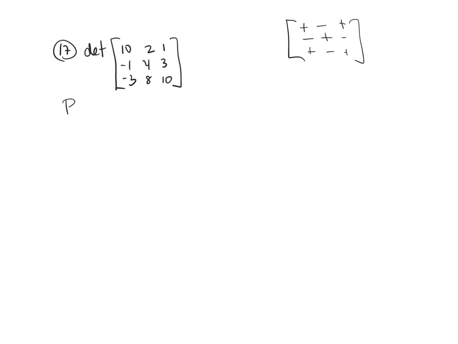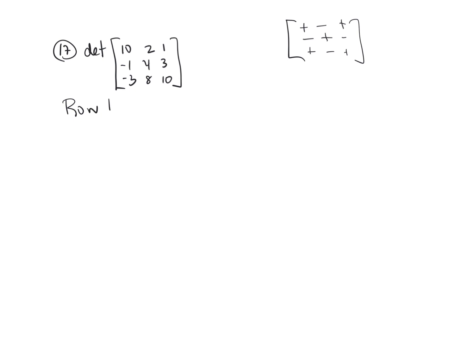All right, number 17, again, they want us to find a determinant of a 3 by 3. Don't forget your sign matrix, very important. Okay, now we get to pick any row or any column we want. Unfortunately, I don't have any zeros anywhere, so I'm going to stick with the old-fashioned row 1.